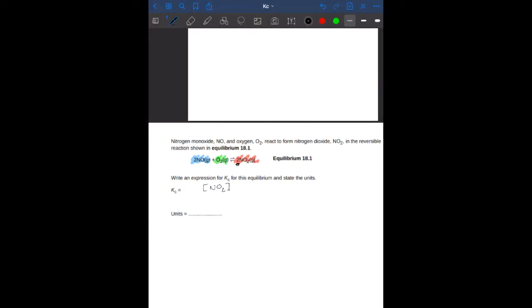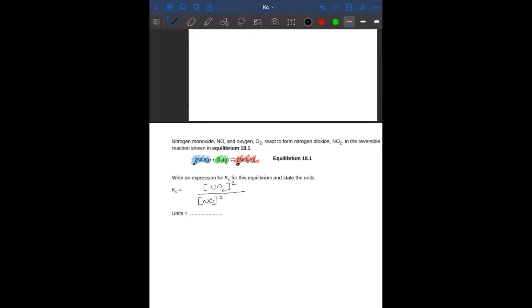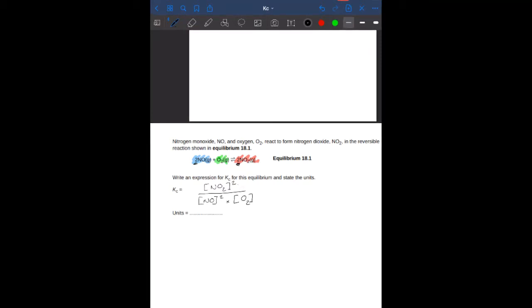Remember here, so there's 2 lots of NO2, so we'd have it to the power of 2 divided by the concentration of NO. And again, there's 2 lots of NO, so it's to the power of 2 times by concentration of O2. There we go. We've got ourselves the expression. What we need to do now is figure out the units. So let's put the units in. Let's rewrite out the expression, but with our units.